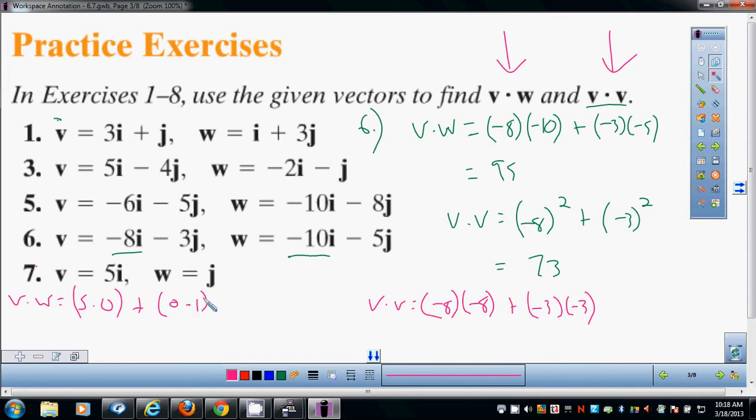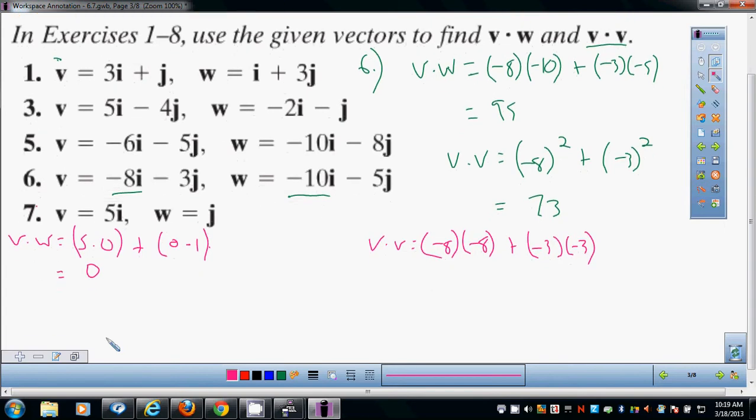And what is the sum there? 0, which we're going to come back to. There's something specific that's happening right there. And lastly, v dot v is 5 times 5 plus 0 times 0, which is 25.